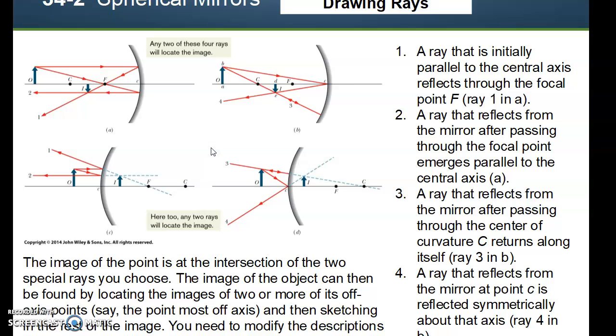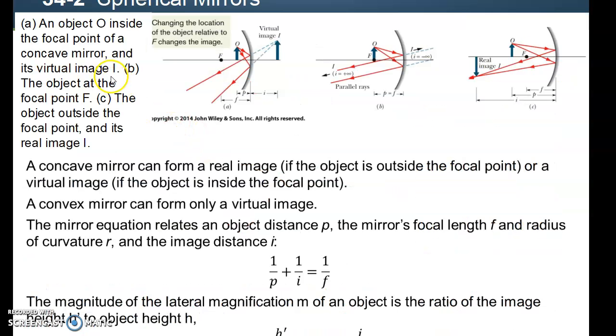So for spherical mirrors, an object inside the focal point of a mirror and its virtual image are reflected right here. Here's your focal point and here's this one. The object at focal point f, and the object is outside the focal point. So a concave mirror can form a real image if the object is outside the focal point.